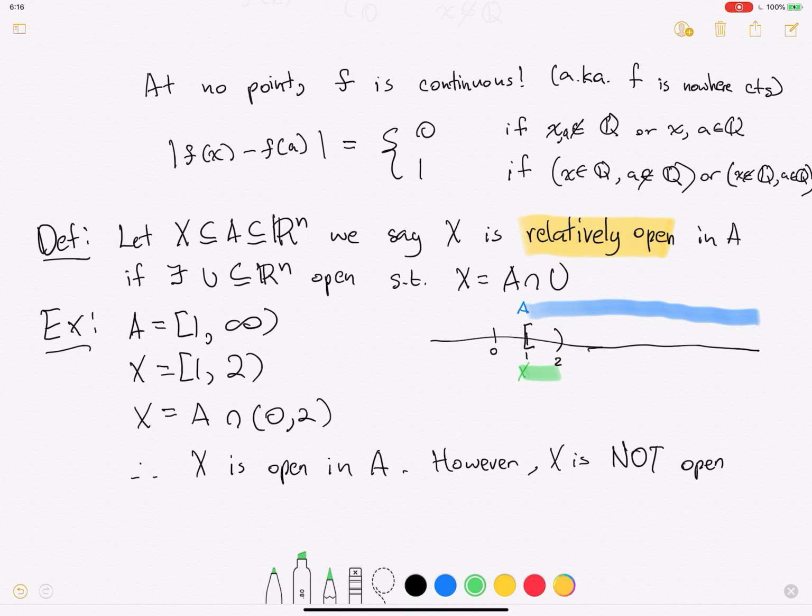And x is the intersection between an open set and A.